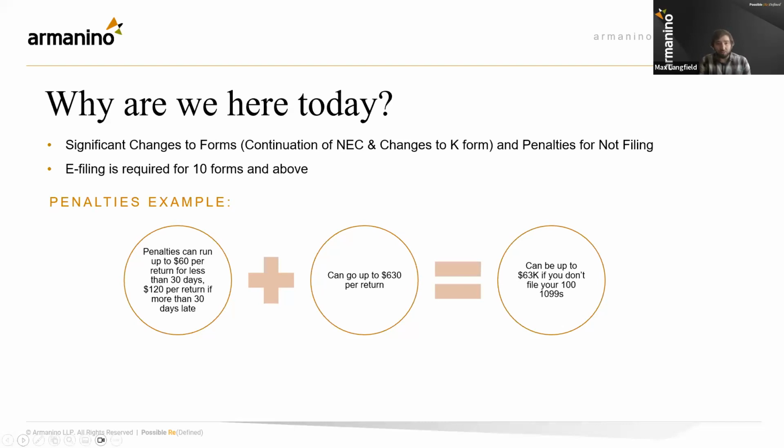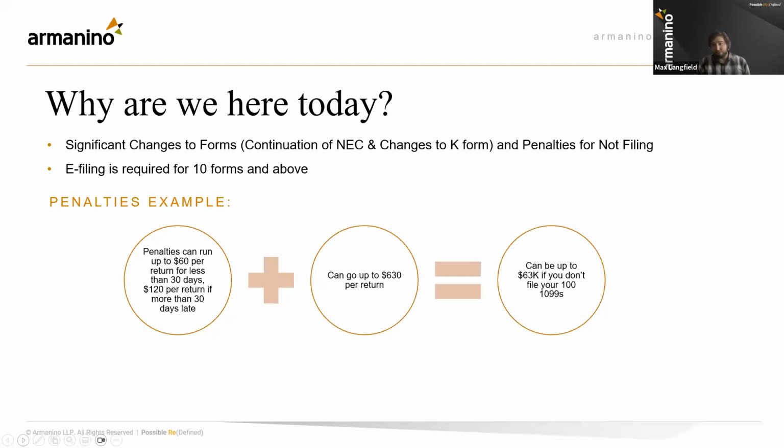They have increased a little bit this year, as they do for most years. So if you file a return late, but it is within 30 days, that penalty can run up to $60 per form. If it is over 30 days, that can run up to $120 per form. If you don't file your forms at all, and the IRS ultimately holds you in what they call intentional disregard, that penalty can be $630 per form.